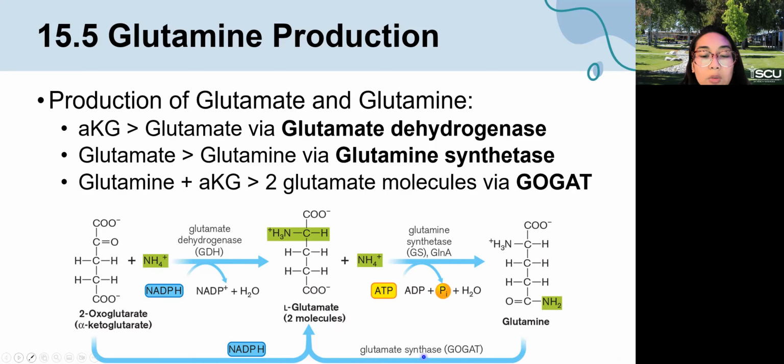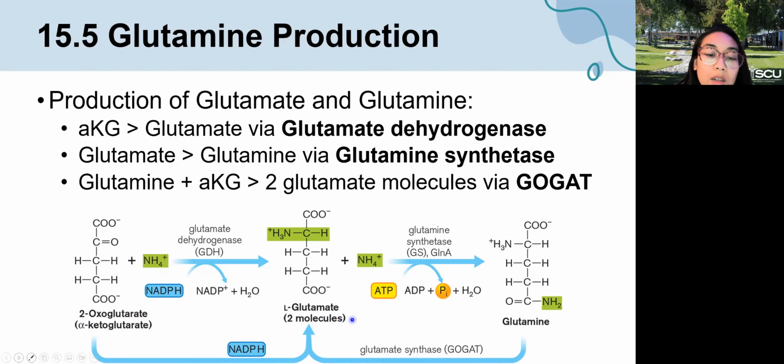And that is through this glutamate synthase, or GOGAT, enzyme. So, different ways to make glutamate or glutamine. There are different pathways for all of them. And if you had glutamine, but you needed more glutamate, you can just combine it with more alpha-ketoglutarate to make more glutamate. So, kind of a weird process.